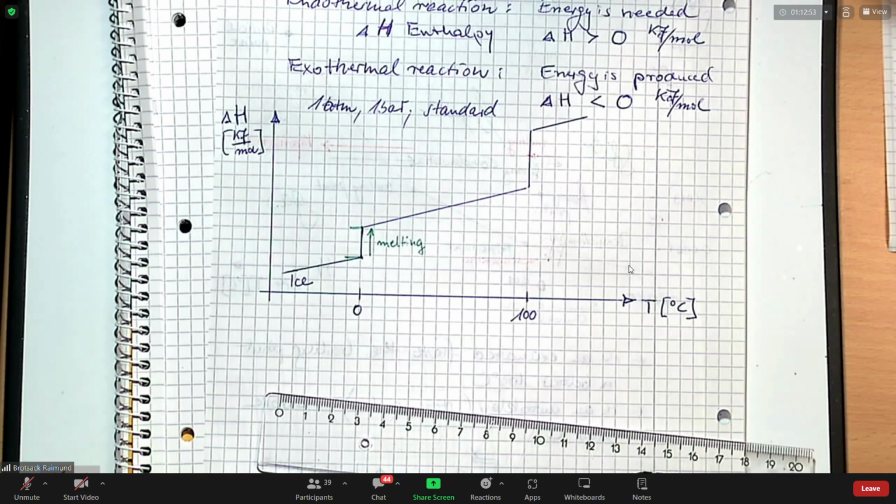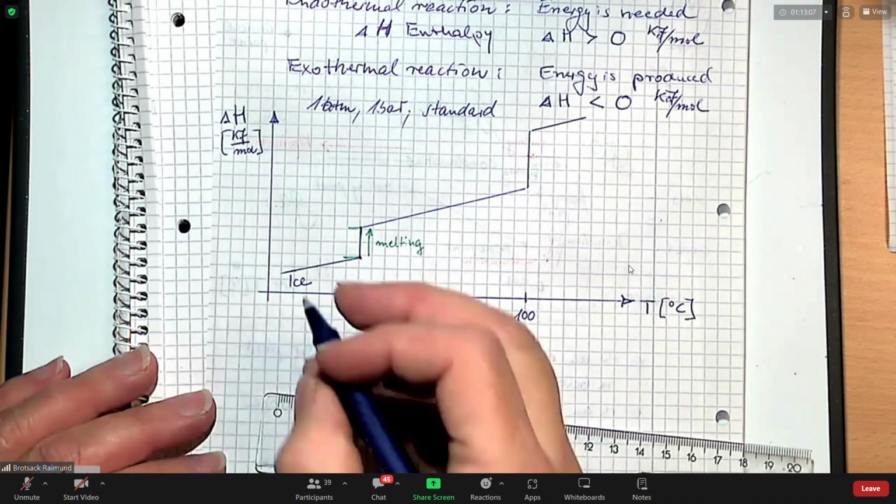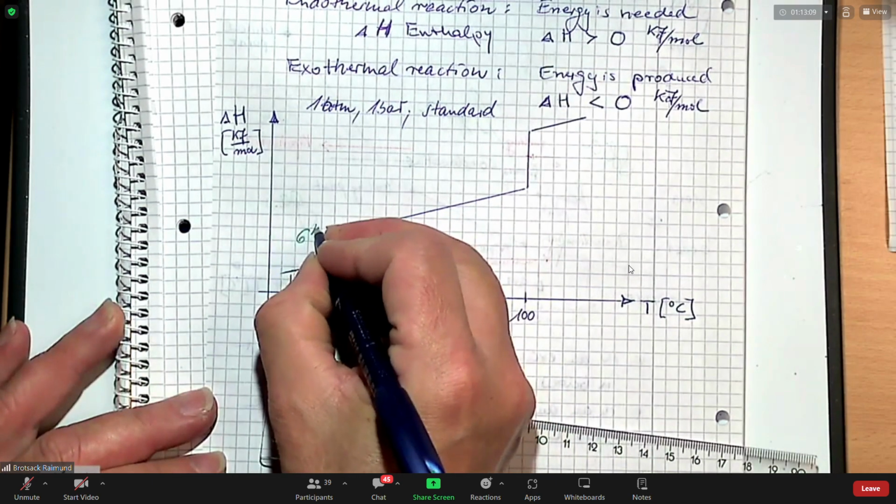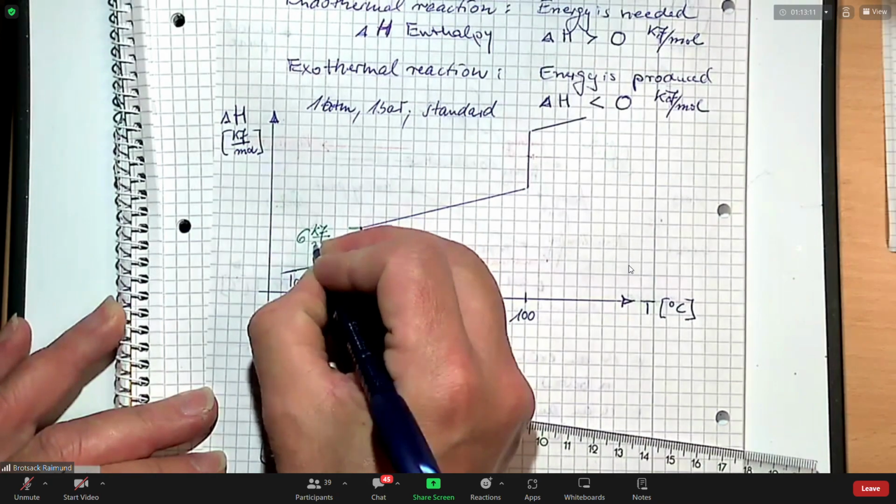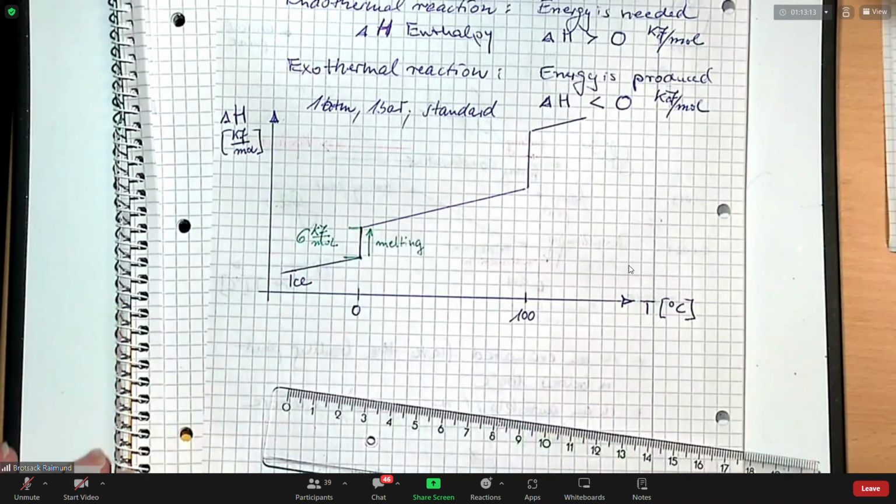It's endothermal, but the value, do you know it? Endothermal means we have to invest energy. It's positive, and the value is exactly known to be 6 kilojoule per mole. So we have to invest 6 kilojoule of energy to melt 1 mole of water molecules, transferring from ice to liquid.